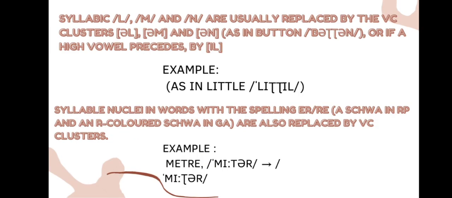Syllabic L, M, and N are usually replaced by VC clusters L, M, and N, as in button became button, or if a high vowel precedes it, example as in little became little. Syllabic nuclei in words with the spelling re, schwa in RP and an R-colored schwa in GA, are also replaced by VC clusters. For example, the word meter became meter and meter.